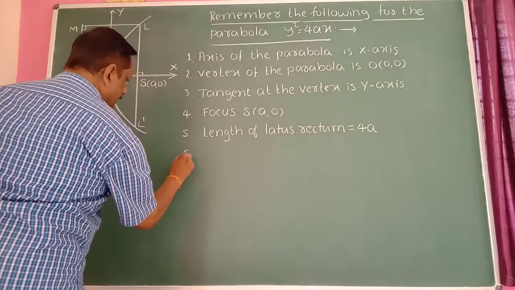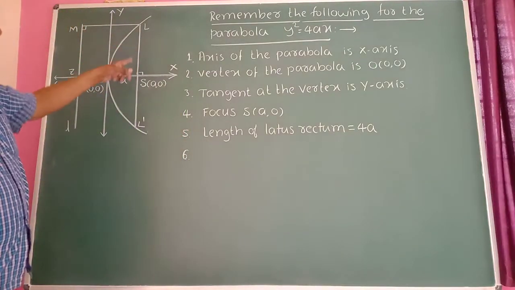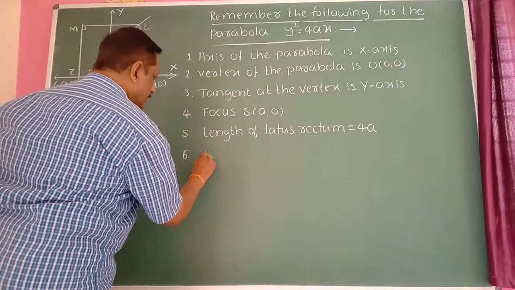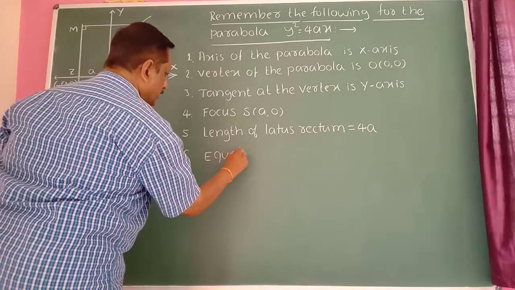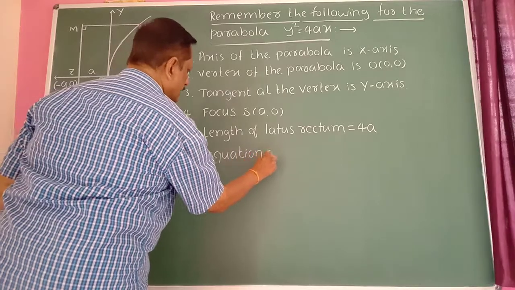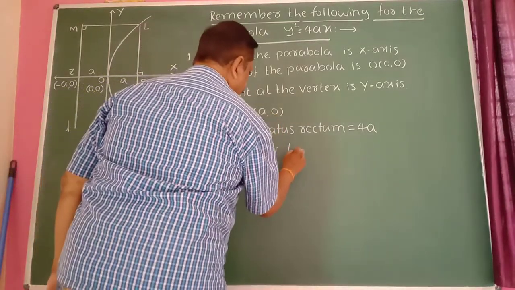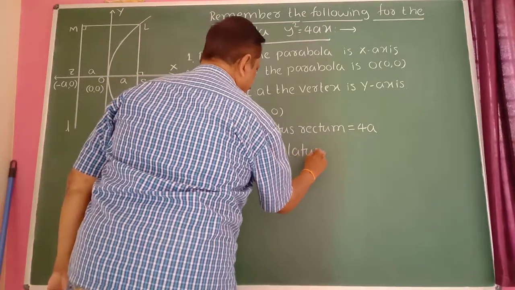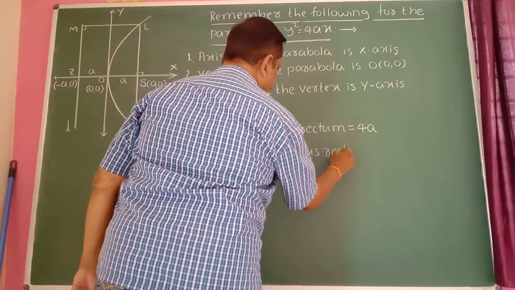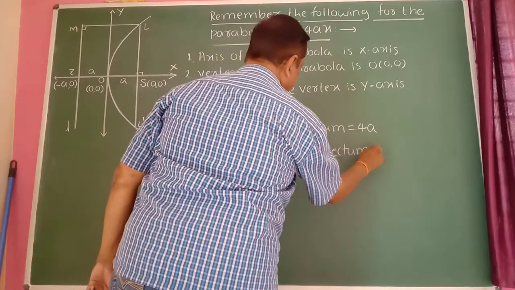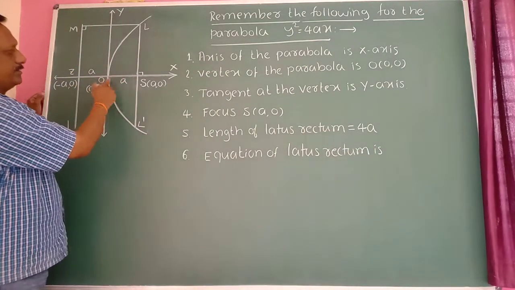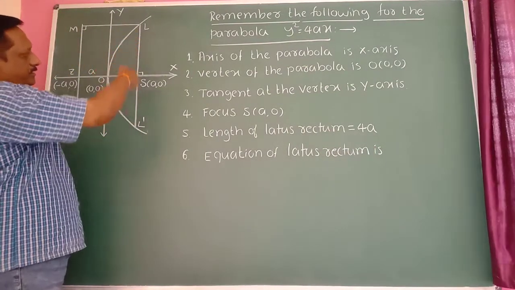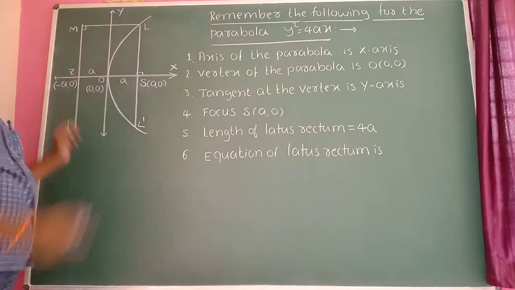Then the sixth one here, equation of this latus rectum. So equation of latus rectum is, here this distance is a unit, and this is a line parallel to the y-axis.